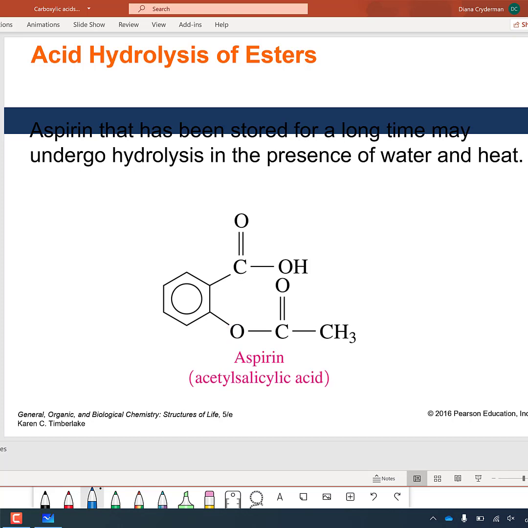Let me actually move this over. At this location, and turn this into salicylic acid and acetic acid.